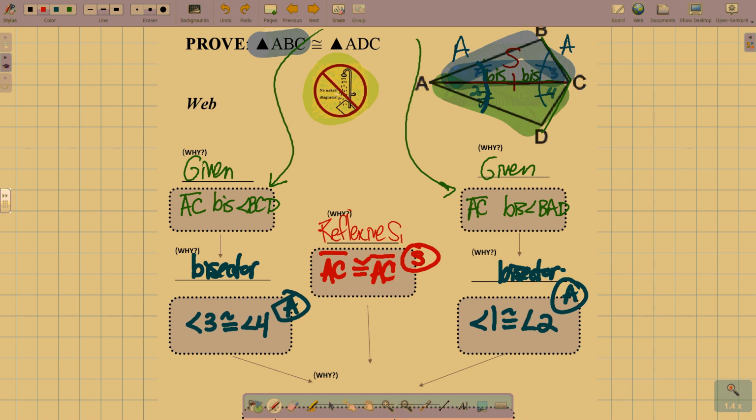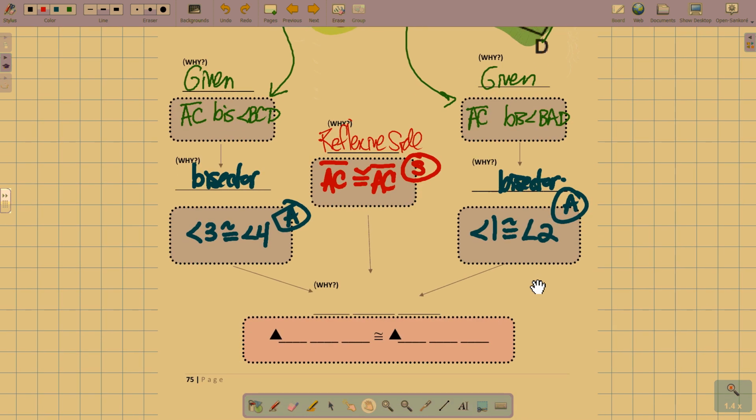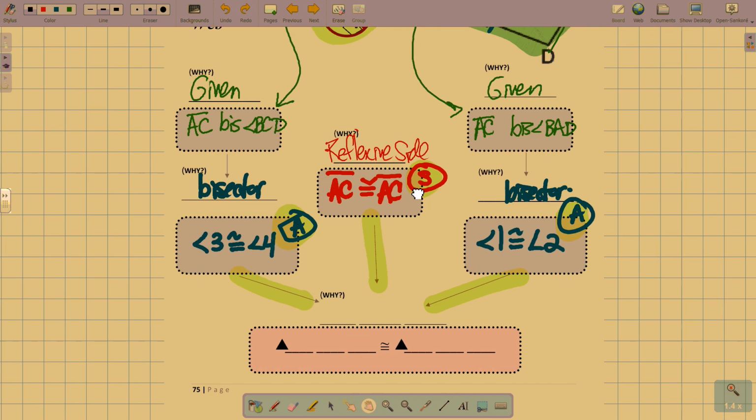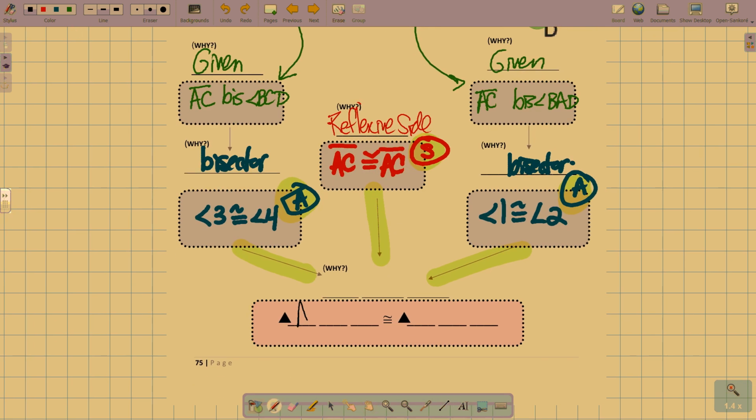A reflexive side. So now I come down here, and those three pieces feed into the same conclusion. Angle side angle allows me to write the fact that triangle ABC and triangle ADC are congruent, and the reason is angle side angle.